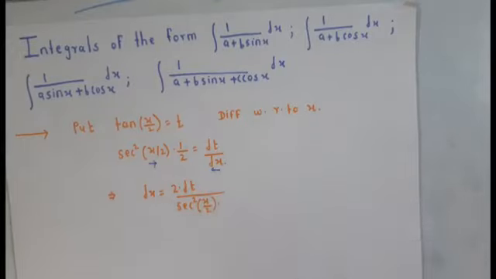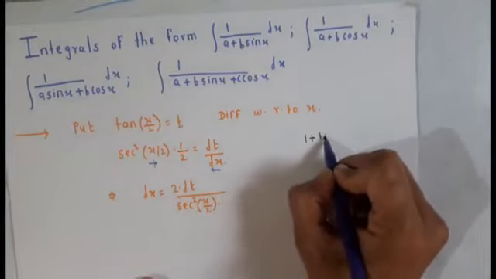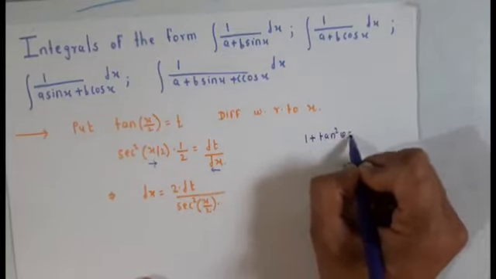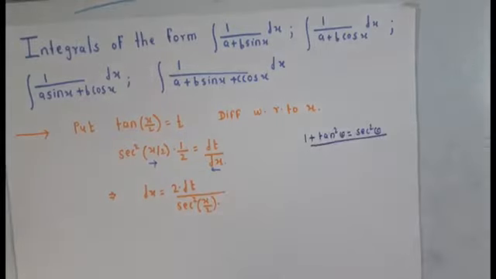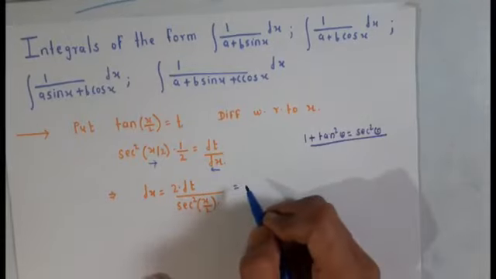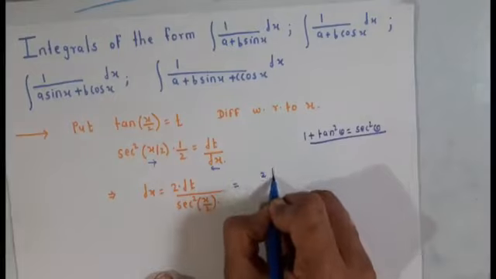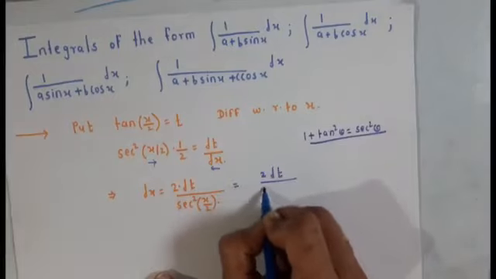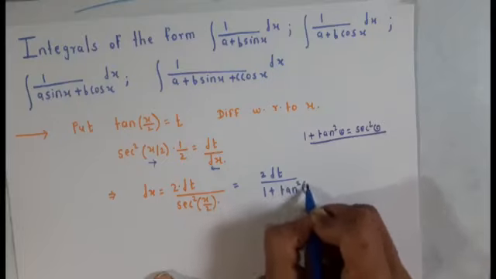But students, we know the formula 1 plus tan square theta equals sec square theta. By using this formula we can write dx equal to 2 dt upon 1 plus tan square x by 2.